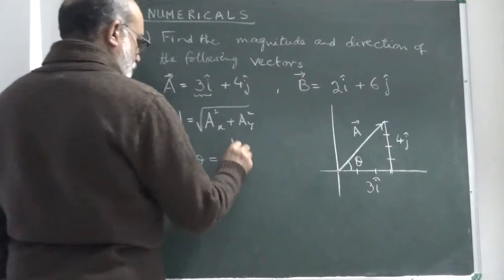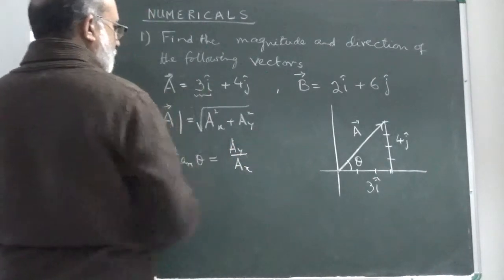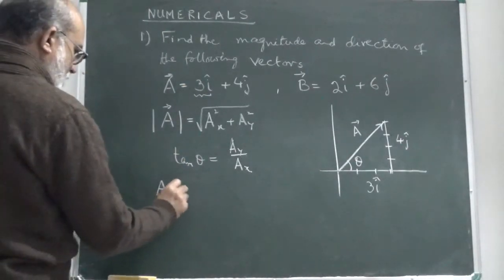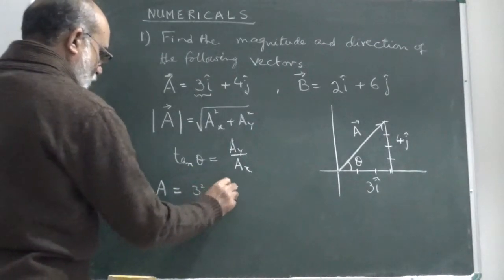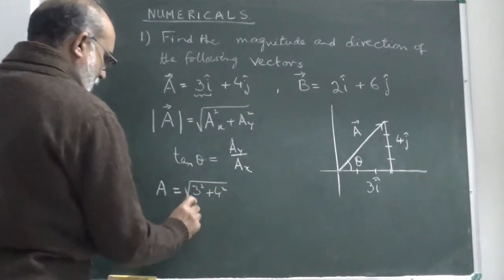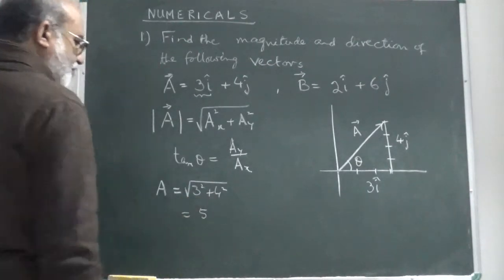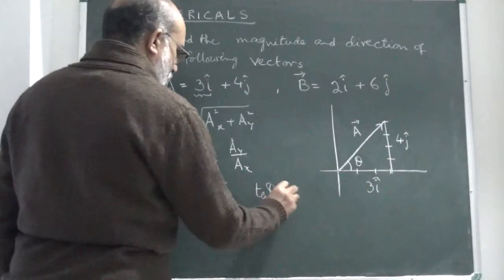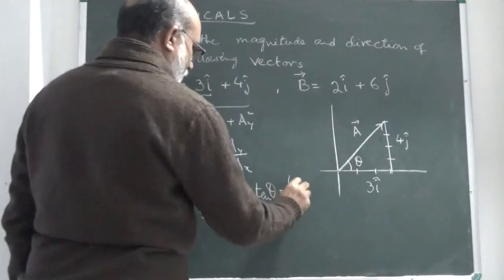So the magnitude of A will come out to be the root of 3 square plus 4 square, that is 9 plus 16, which is 25. The root of 25 is 5. And the angle is obtained by ay by ax, that is 4 by 3.